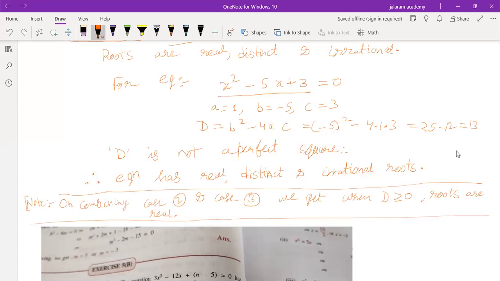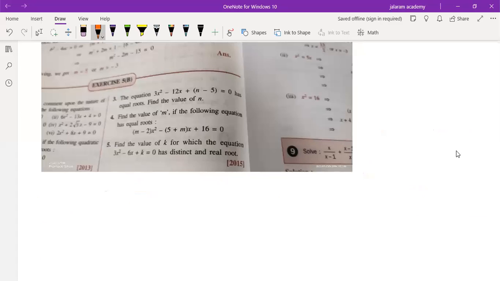Now we will discuss question number 4 from the book. I think it is from Concise. Yes. Find the value of m if the following equation has equal roots: m minus 2 into x square minus 5 plus m into x plus 16 equals 0.